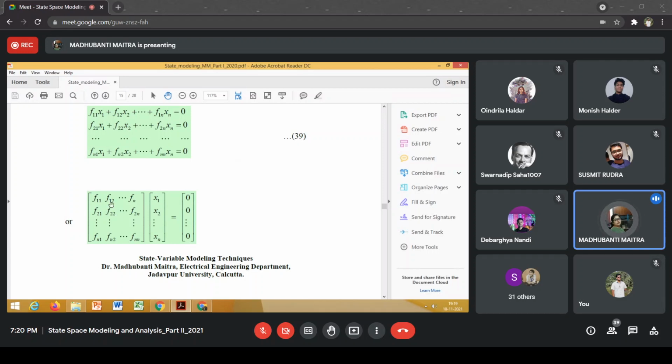And the elements of this n by n matrix are f11, f12, up to f1n, f21, f22, f2n, fn1, fn2, fnn. So this matrix is one n by n matrix. Please note that this element will be f1n.